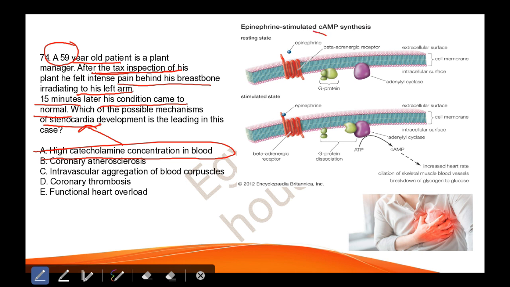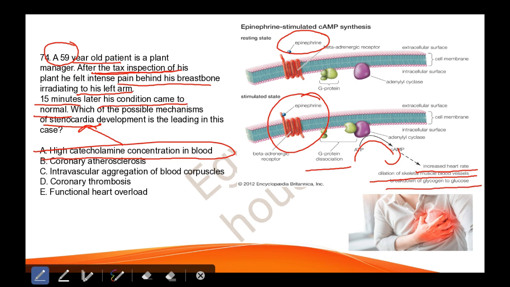You can see here that the epinephrine, when it gets attached to its receptor, dissociates the G protein to produce cAMP from ATP via adenylyl cyclase, and we have an increased heart rate and all these consequences.